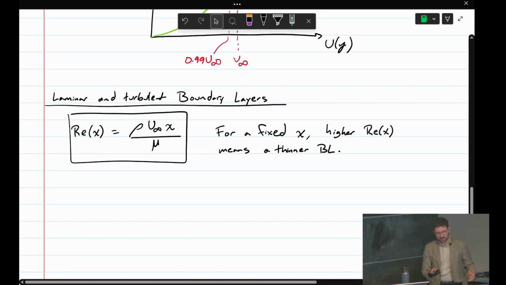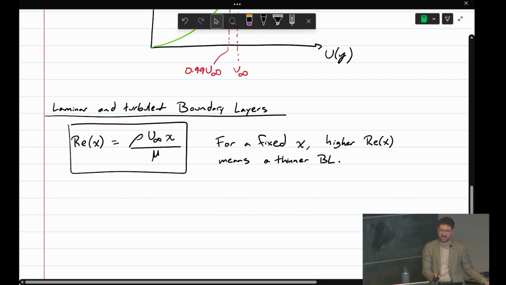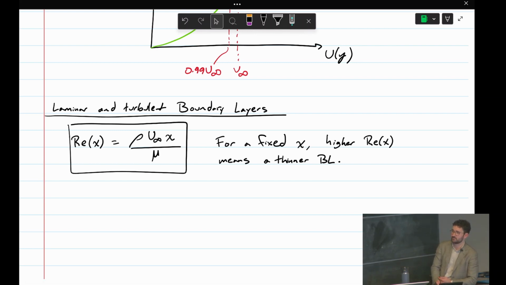So this is some sort of non-dimensional quantity that we're going to use to characterize boundary layers. So if we fix x and say we're at a given location along the plate, what do you think is one way that we could make Reynolds number higher here? So we're fixing x. Any ideas?